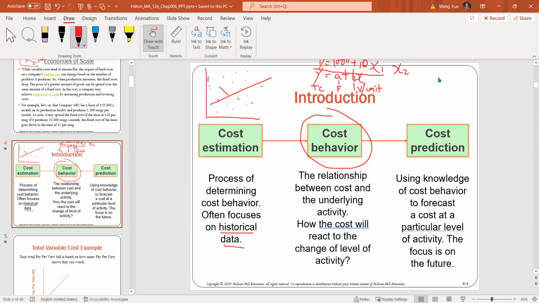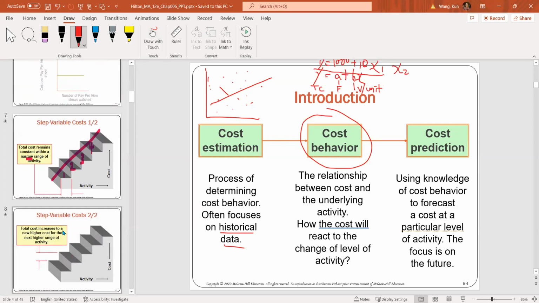I believe you are familiar with this from your statistics classes. But mostly we use a single variable. So let me skip this because of time.